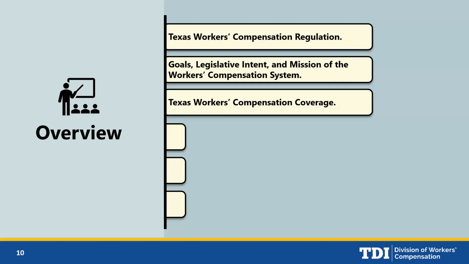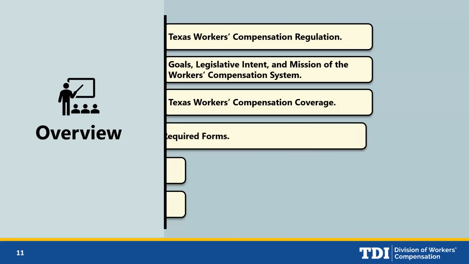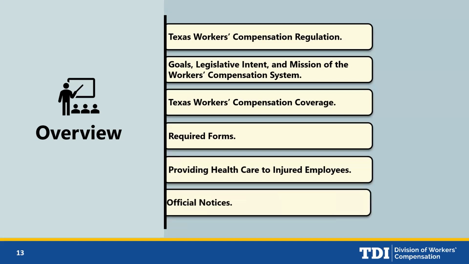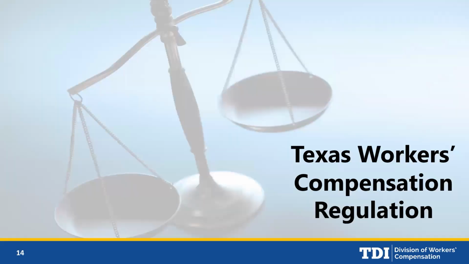And how does coverage work for the employers of Texas? Some required forms, providing health care to your injured employees, and the official notices that we're talking about. So this is your overview for this webinar.